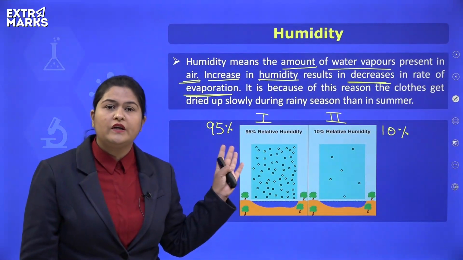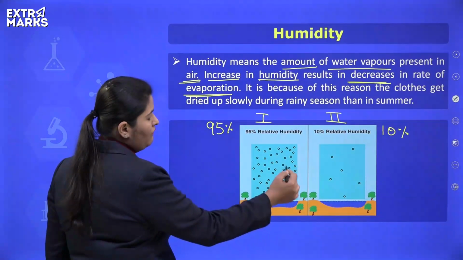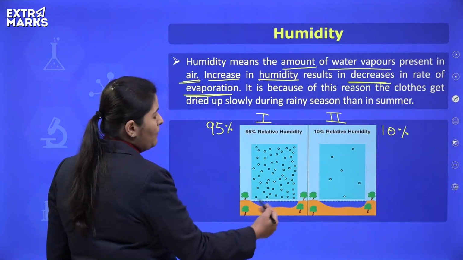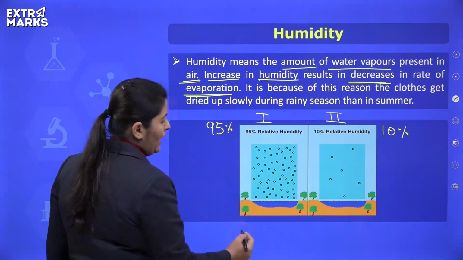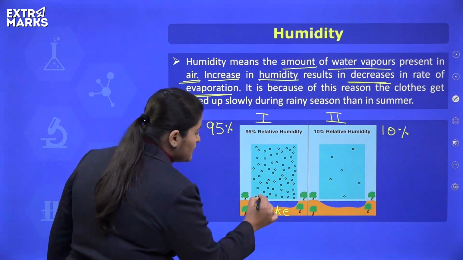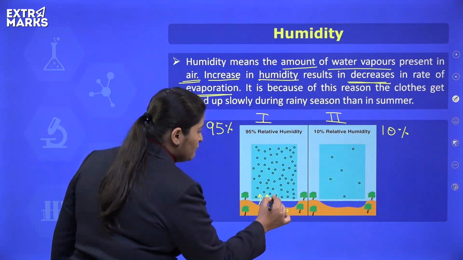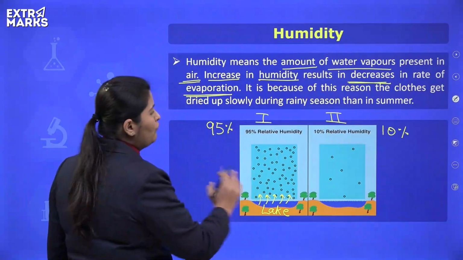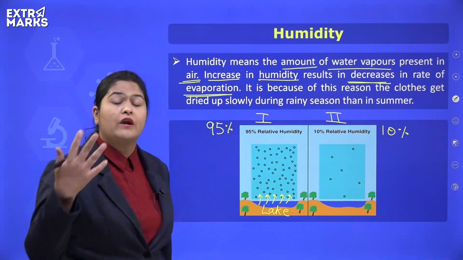So whenever humidity is high, the amount of water vapors, these black circles here represent water vapors, in the air is already high. So if water wants to evaporate from this lake, the speed at which water vapors will move into the air will be slow, because the concentration, the amount of water vapors in the air is already high.